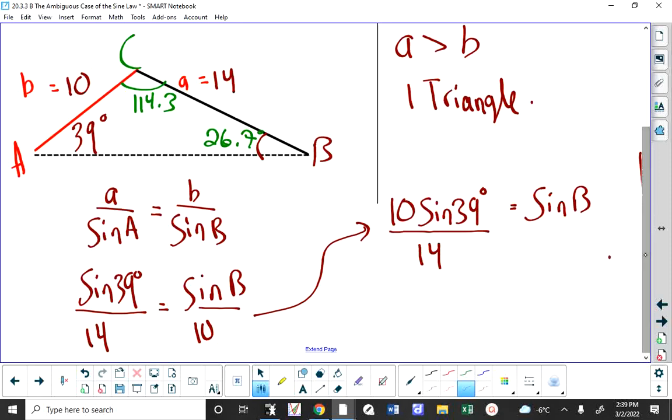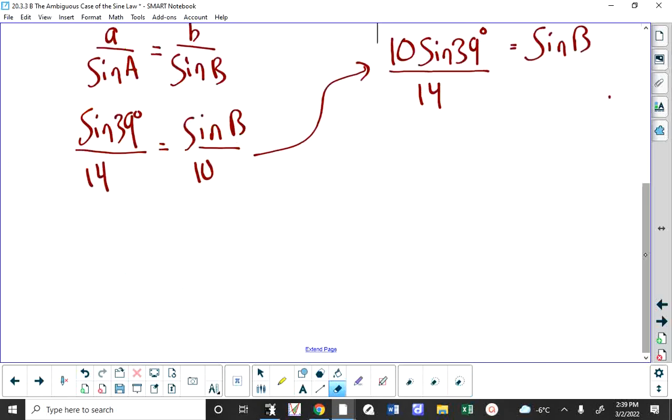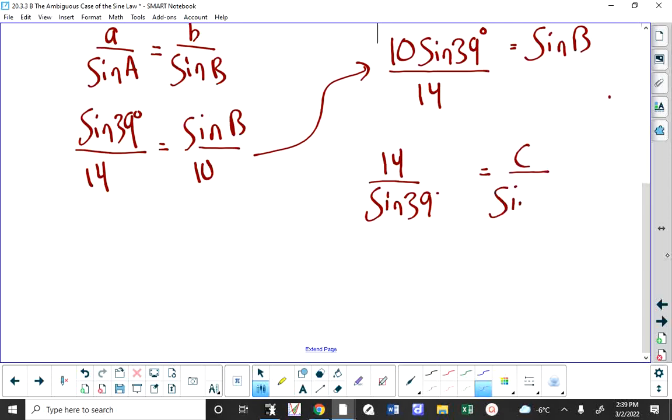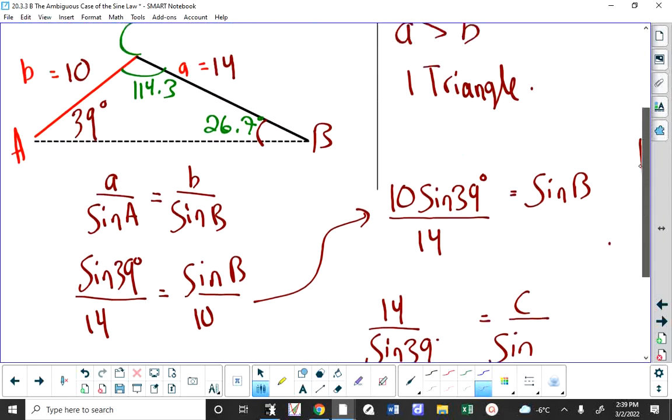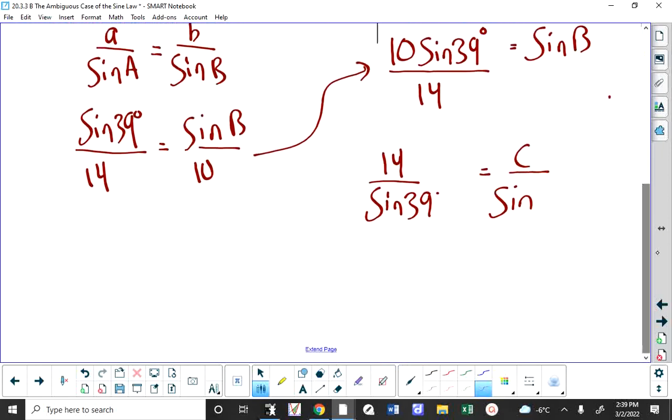Doesn't really matter which other sides we use. I'm going to go with 14 over sine of 39 equals C over sine of C, which we just found to be 114.3.